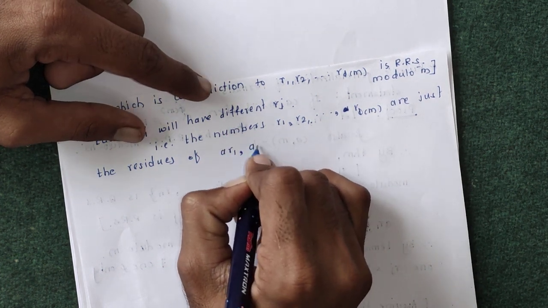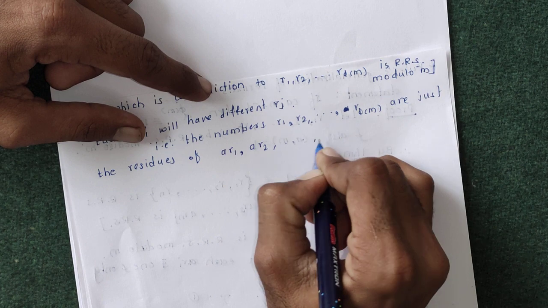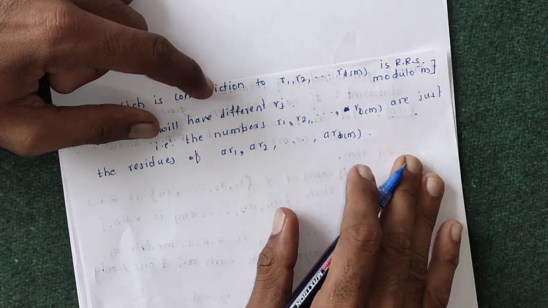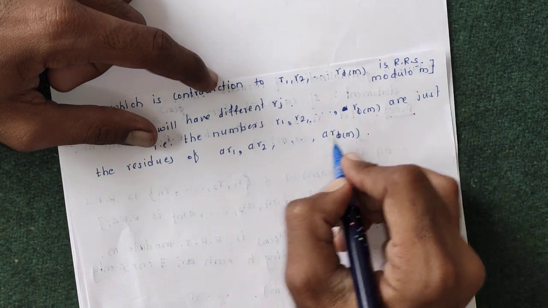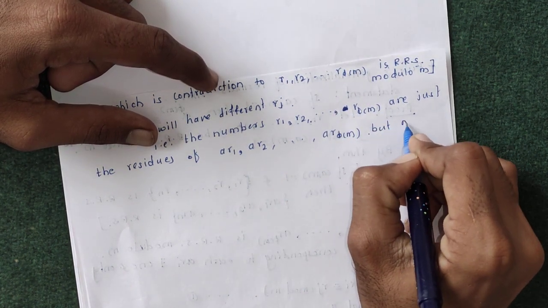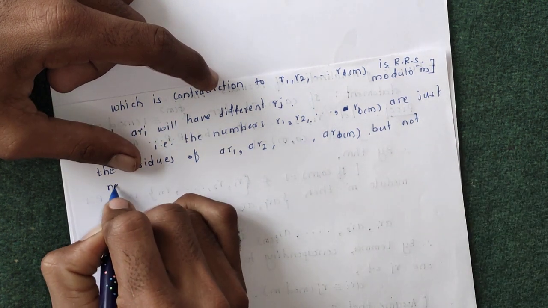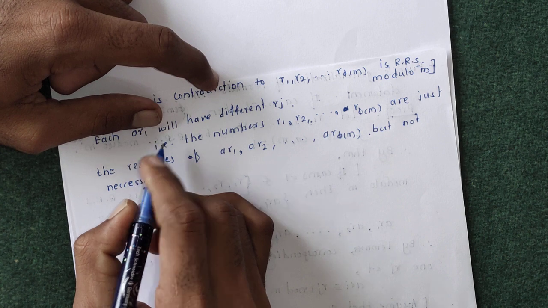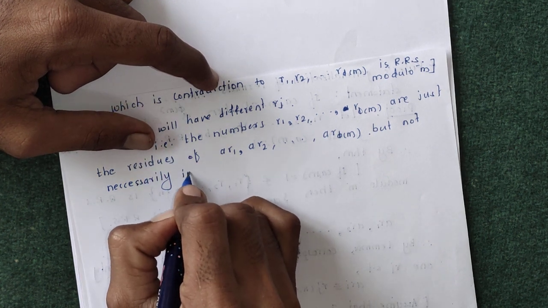ar1, ar2 up to ar phi of m, but not necessarily in the same order. Write down that, but not necessarily in the same order.